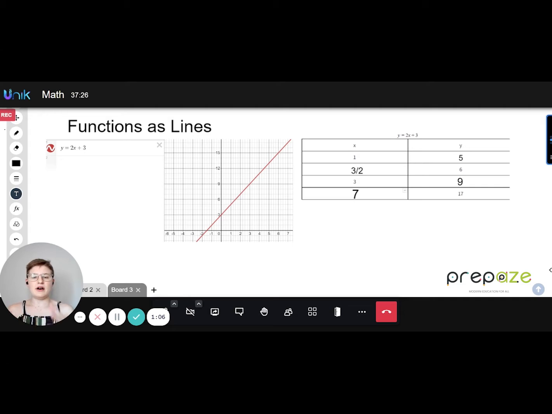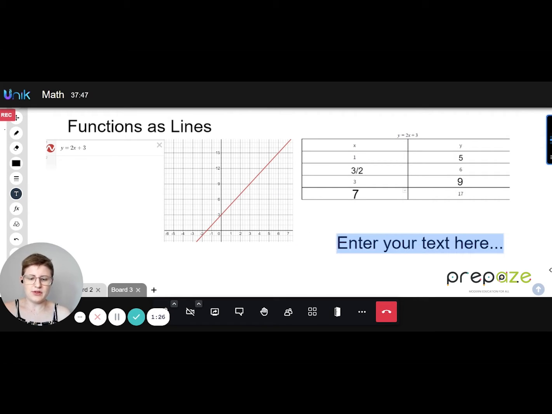Now we're going to talk about the constant rate of change as a ratio between how much vertical change compares to how much horizontal change is happening. Or for our graphs, how much change is happening in the vertical direction versus the horizontal direction. So let's take our last two columns for this example. So I've got 3, 9, and 7, 17.